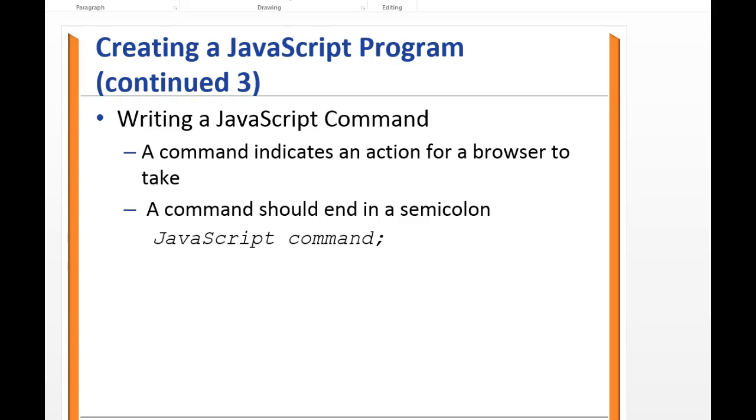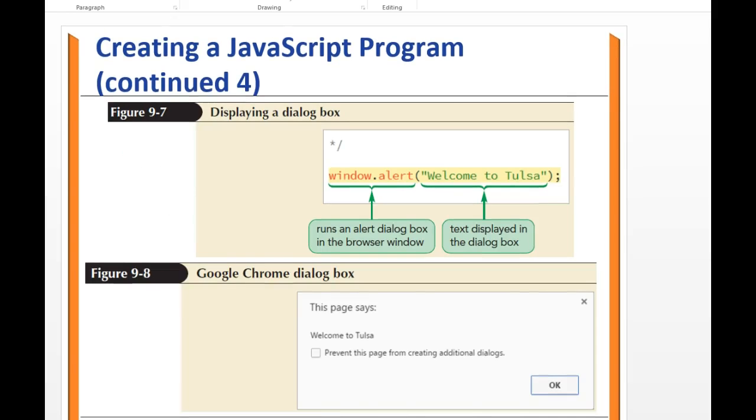Every JavaScript program consists of a series of commands, or statements, we can say. Each command is a single line that indicates an action that a browser can take. A command should end in a semicolon. So you have the JavaScript command and then you have the semicolon there.